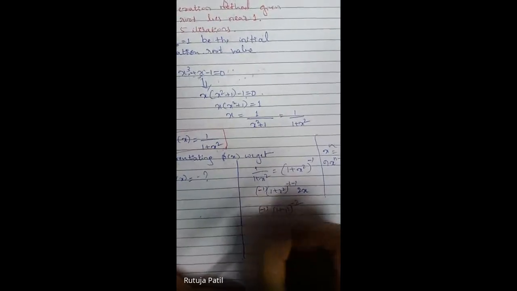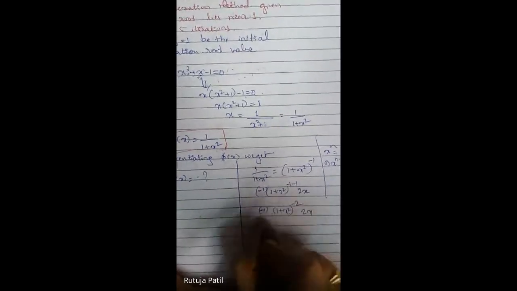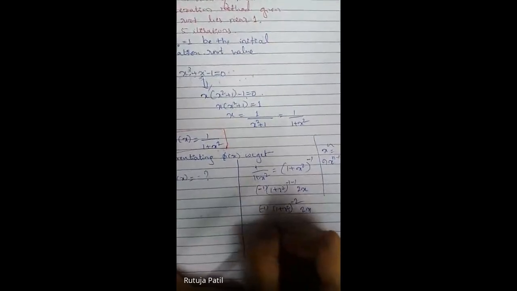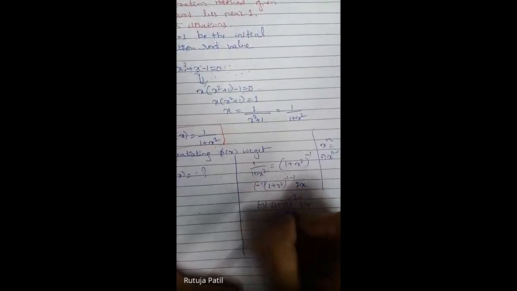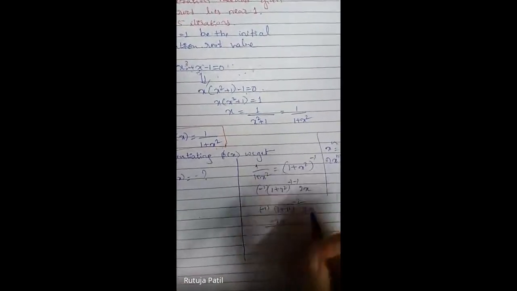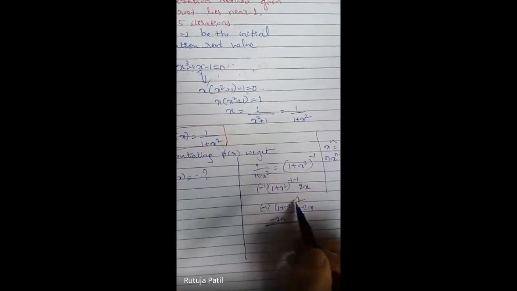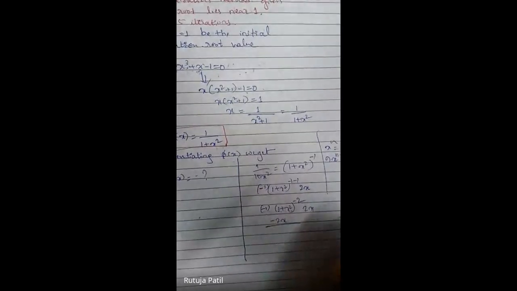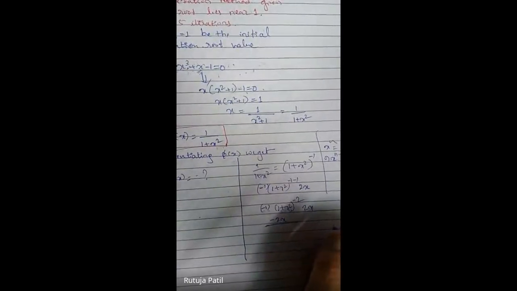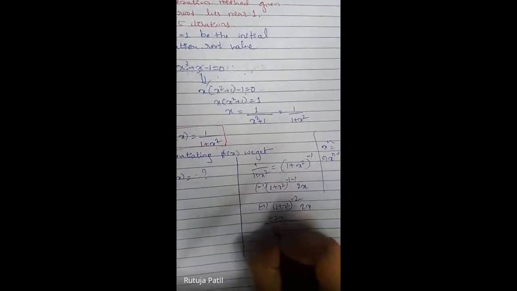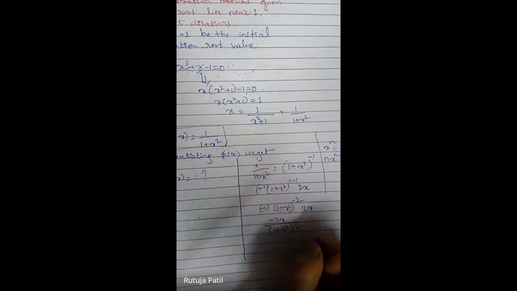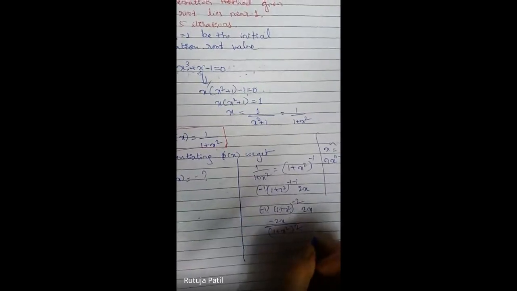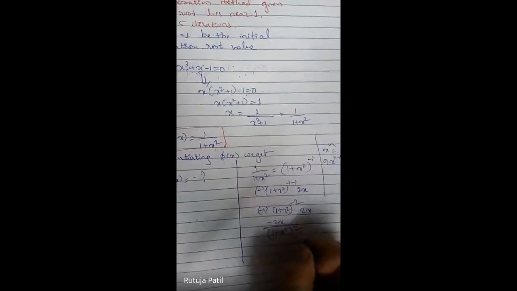If I solve it, minus 1 into 2x is minus 2x, divided by 1 plus x square to the power minus 2. When I bring this minus 2 to the denominator, I get 1 plus x square whole square. So this is the differentiation of the given psi of x.